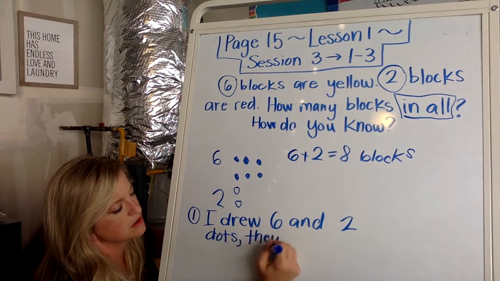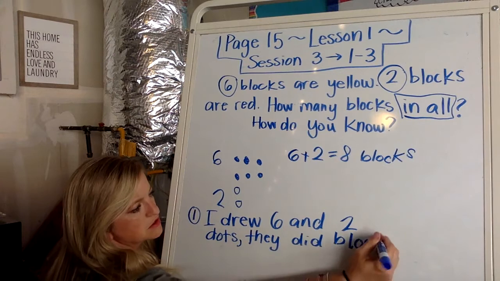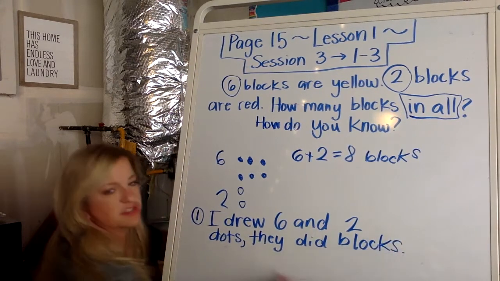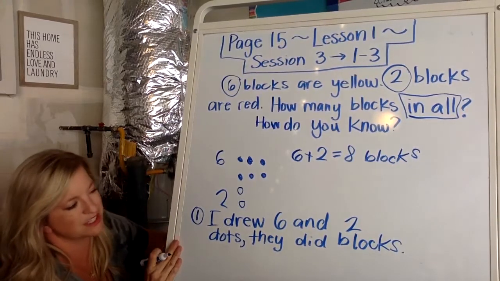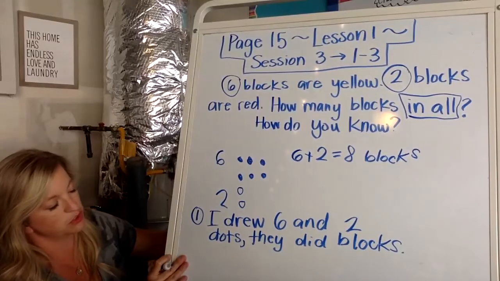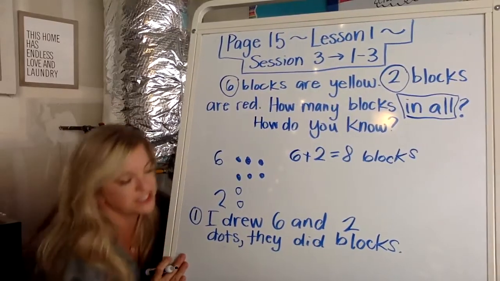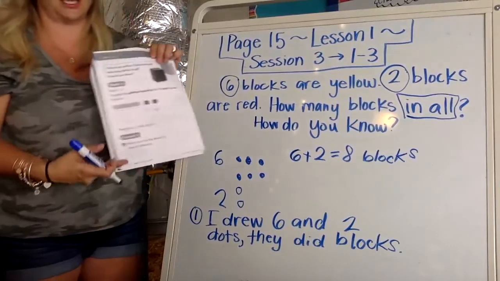They did blocks. So you can say more than that. You can say just that. But I said I drew 6 and 2 because that tells me that it's the same. I also got 6 and 2, which equals 8. And they did blocks. So that is all for page 16.